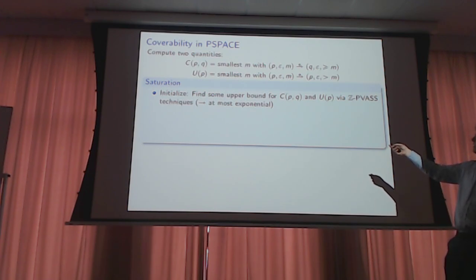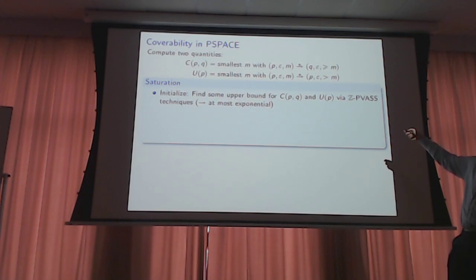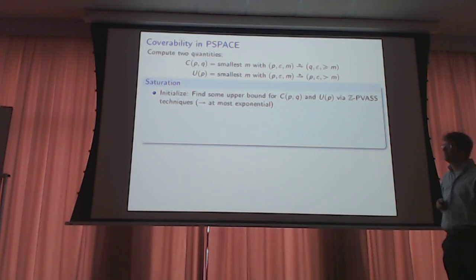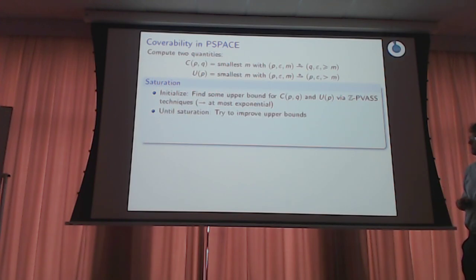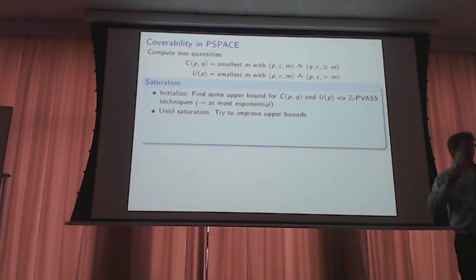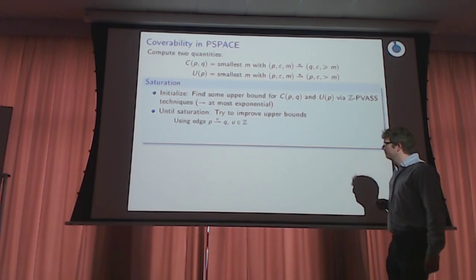What I did not write on the slides is that for the value of this C, you also remember the difference that you can do here. And then after saturation, you try to improve these bounds. It's clear you get p-space because all the numbers you look at are at most exponential, because you start from something exponential and you go down.